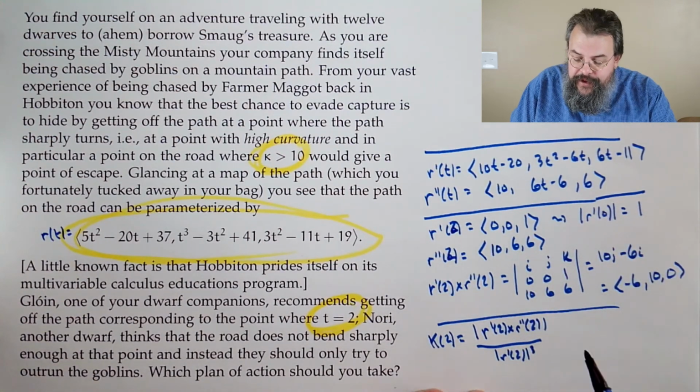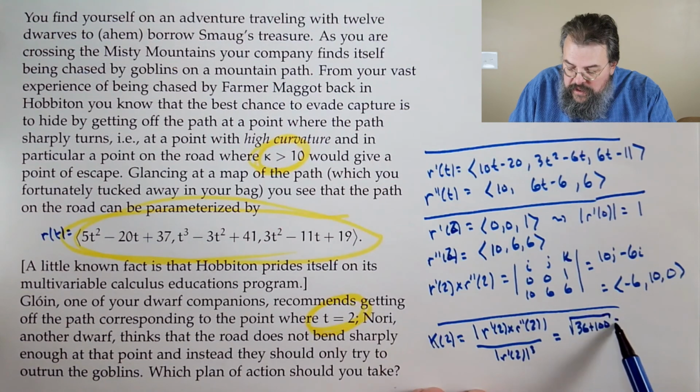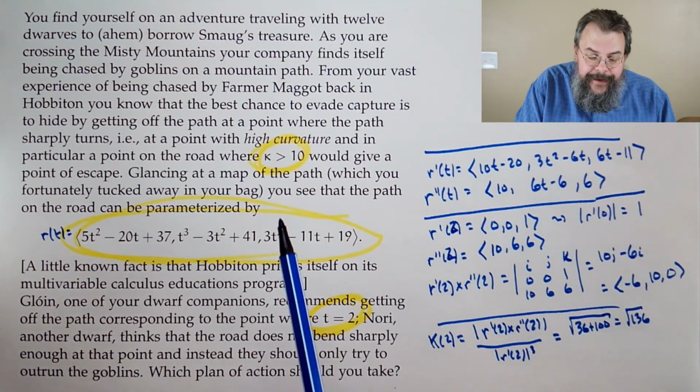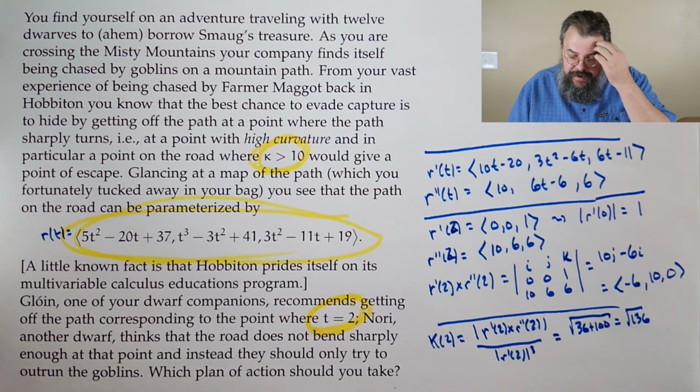Done. Upstairs, what do we have? Well, that's going to be the square root of 36 plus 100. All right, that's the square root of 136. Now, what do we need? We need to compare it to 10. Is the square root of 136 above 10? Yeah, it is. It is above 10.